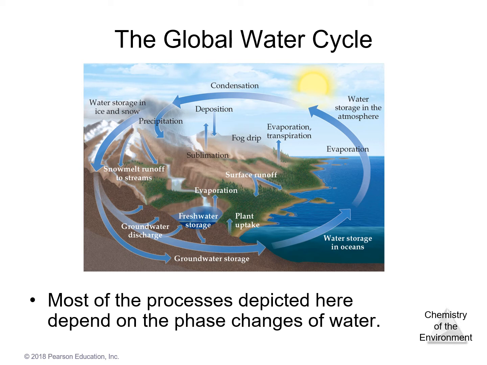Condensation happens, and then it comes down as rain, or it goes into ice and snow, and then you can get snow melt and runoff into streams. You can have evaporation of fresh water. It can go into groundwater and discharge, and then you've got groundwater storage, and it flows back out into the oceans.